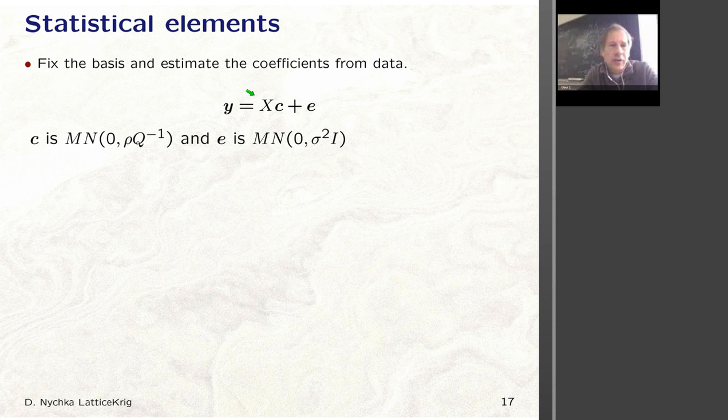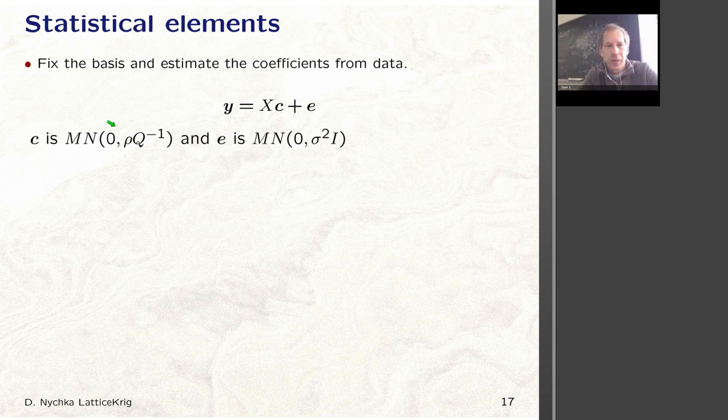There's another layer to this model, and I'm sure you've all been waiting for this. The spatial people is we have to tell a story about what the heck C is. And so what we're going to assume here is C follows a multivariate normal distribution, mean 0, just to make this a simple talk, and then it's going to have a covariance matrix.